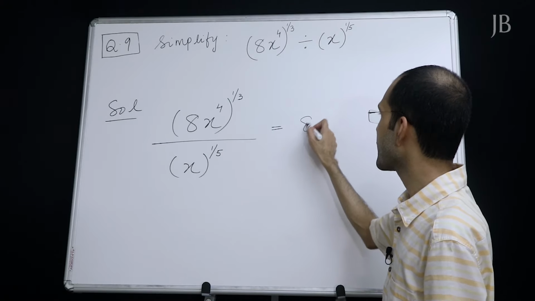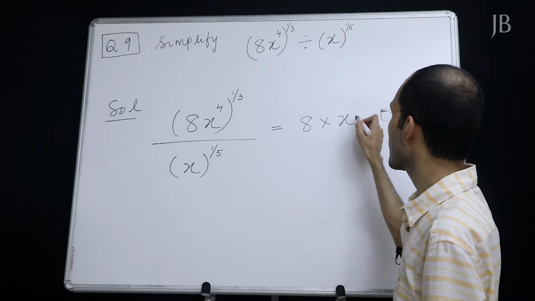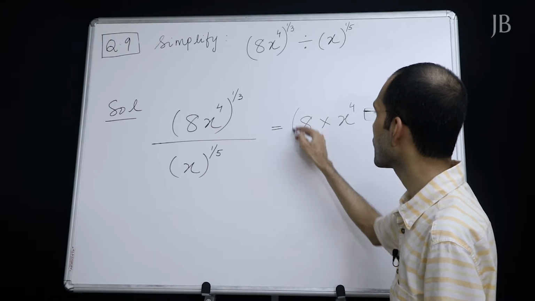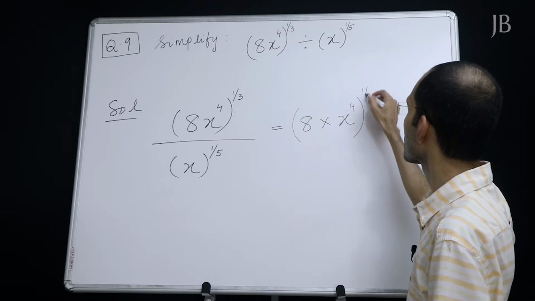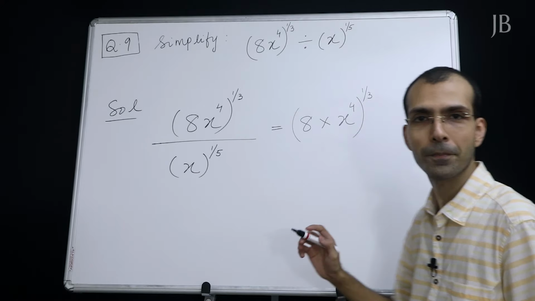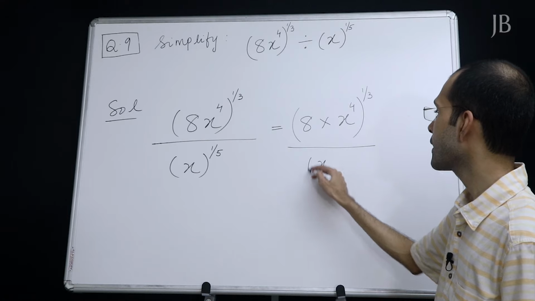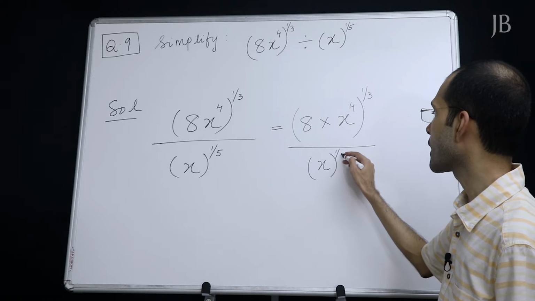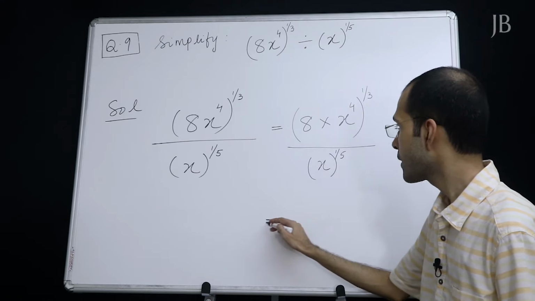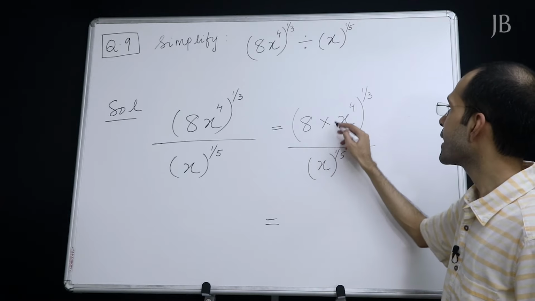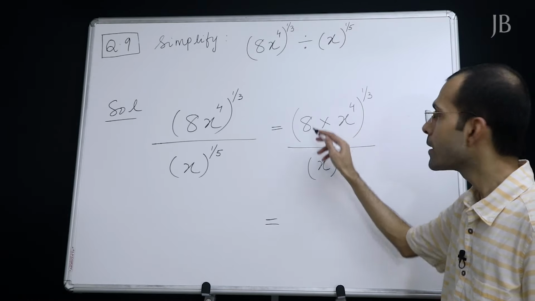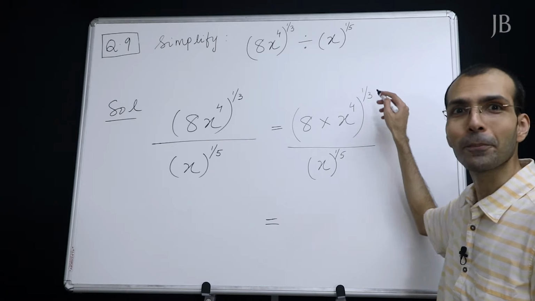Now this can be written as 8 into x raised to 4, raised to 1 by 3, divided by x raised to 1 by 5. Now this is a into b, the whole raised to m.